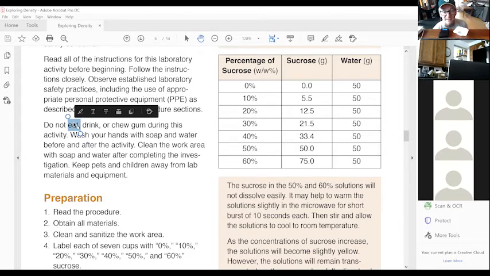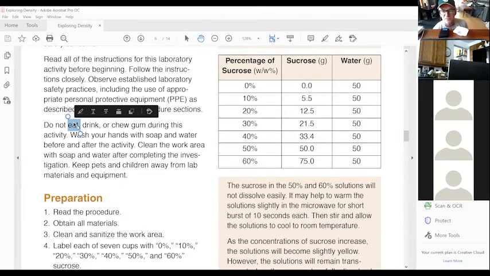It says in the instructions, the sucrose in the 50 and 60% solutions will not dissolve easily. I'm saying that pretty much all of them won't dissolve that easily. 10 and 20 go into solution fairly readily, but the rest take just a little bit of heating. Don't heat them so long that the cup melts and it starts boiling. We definitely don't want that.